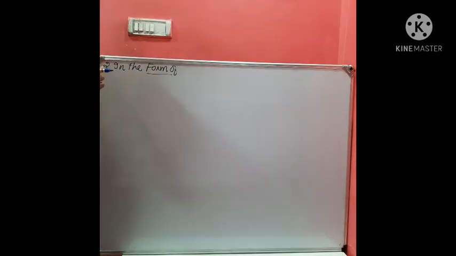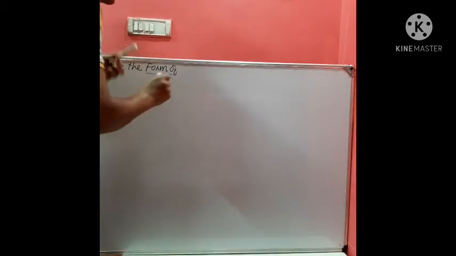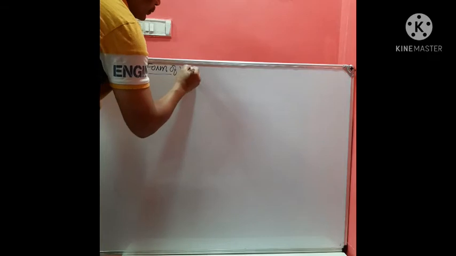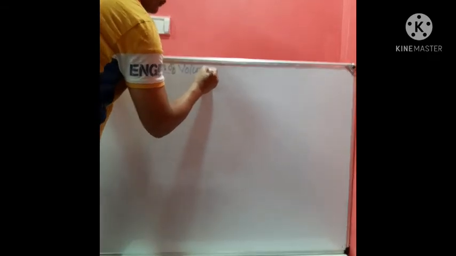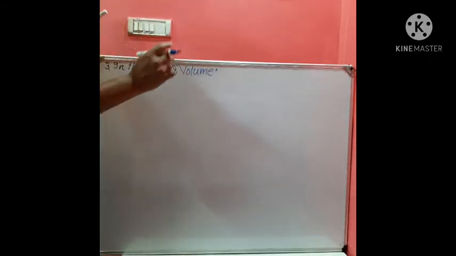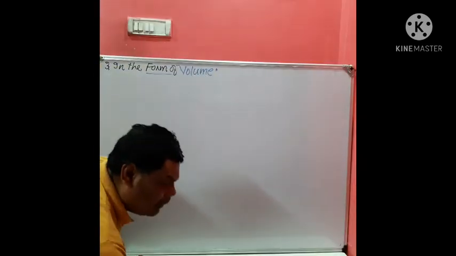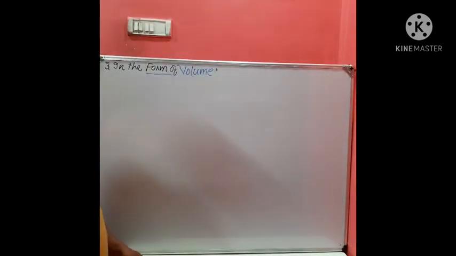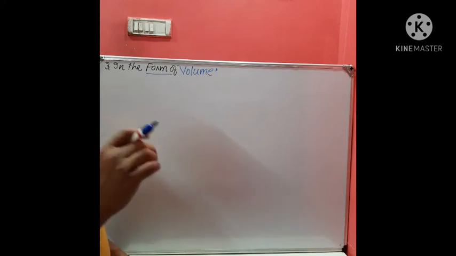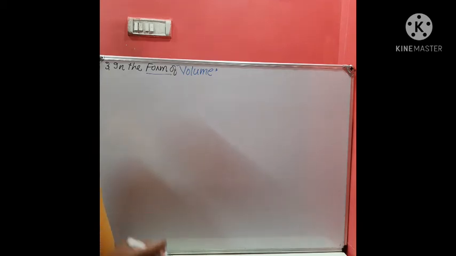Yes students, now the third form is in the form of volume. Students, during the law of chemical combination, we have checked that the reacting species can be expressed in the form of numbers or mass, but also in the form of volume.